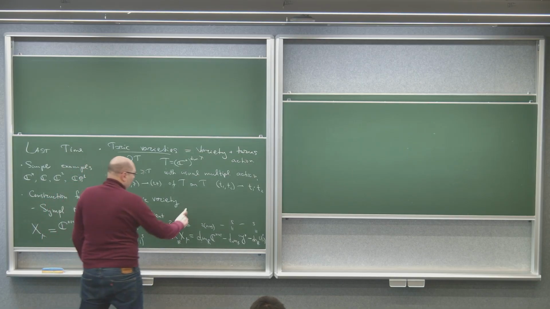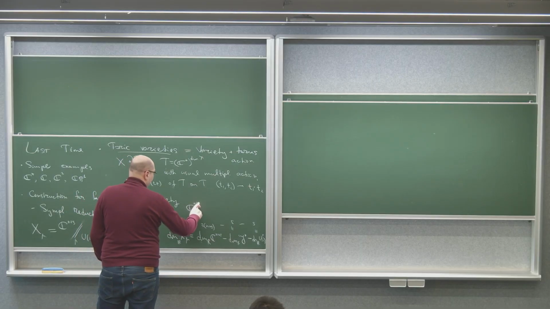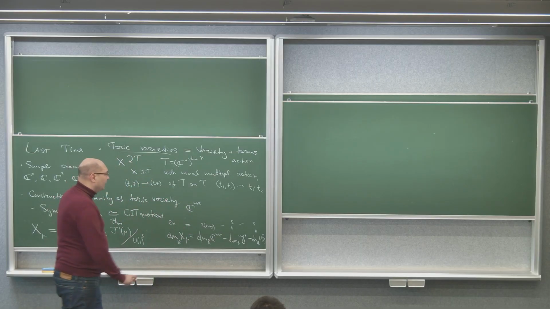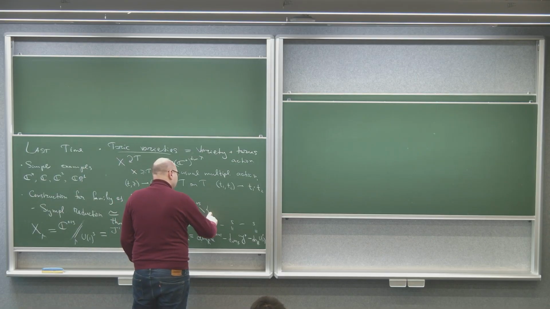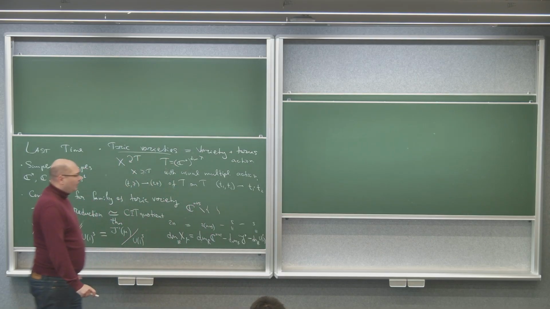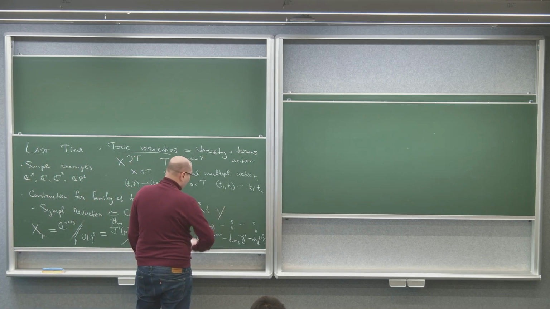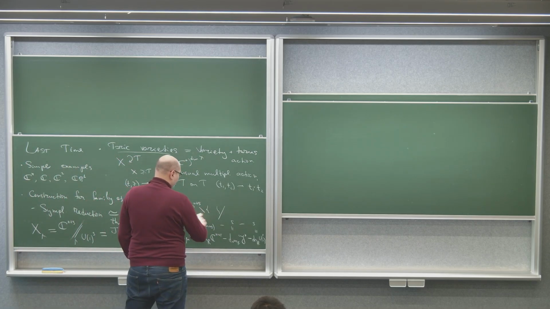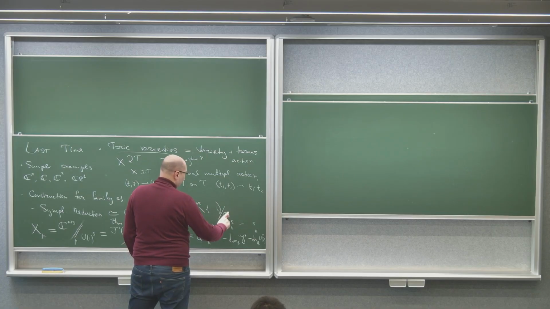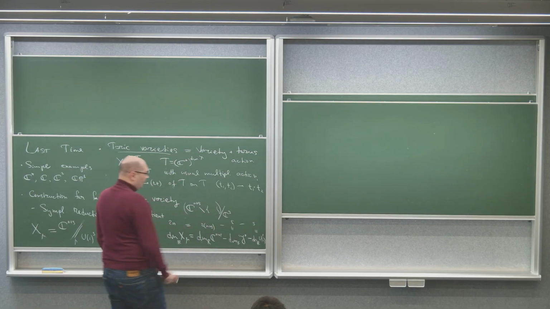This GIT quotient is essentially we take the same space C^(n+s), then we subtract some fixed orbits, some subsets of smaller dimension, and quotient it by the complexified group.